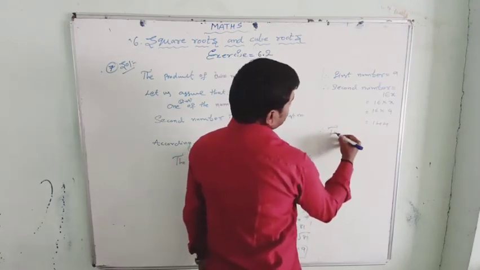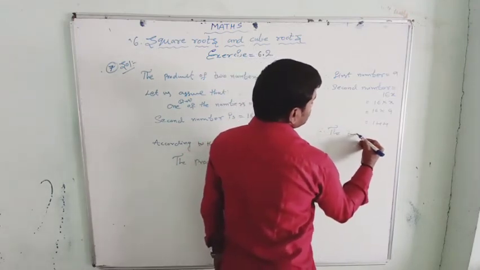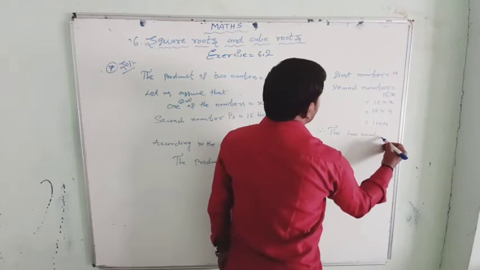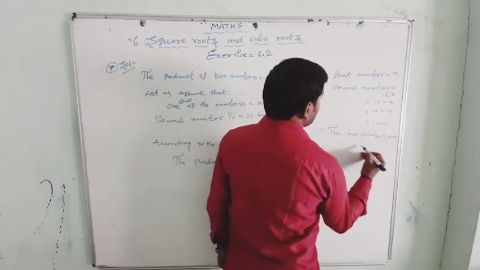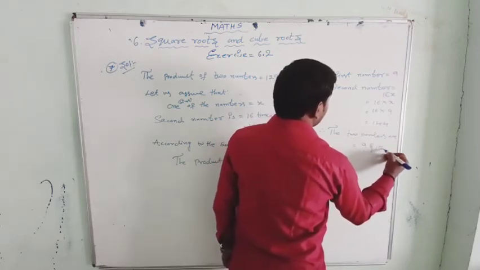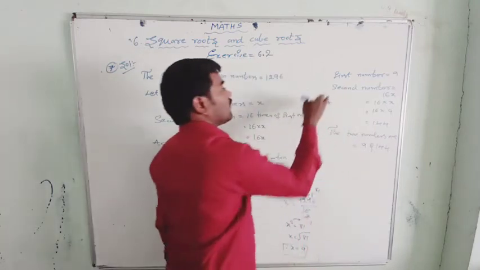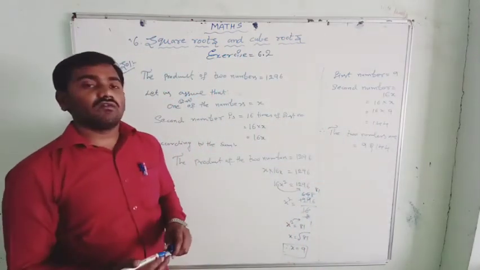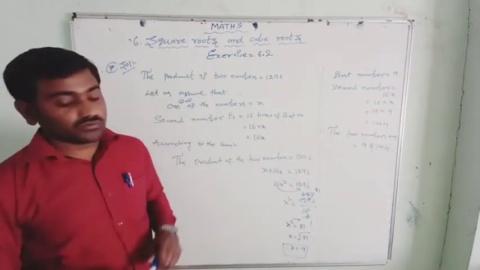Therefore, the two numbers are 9 and 144.